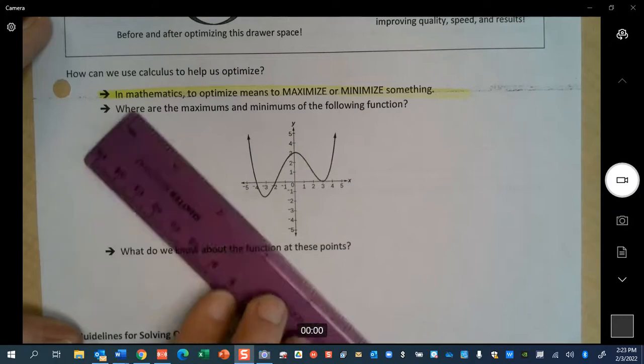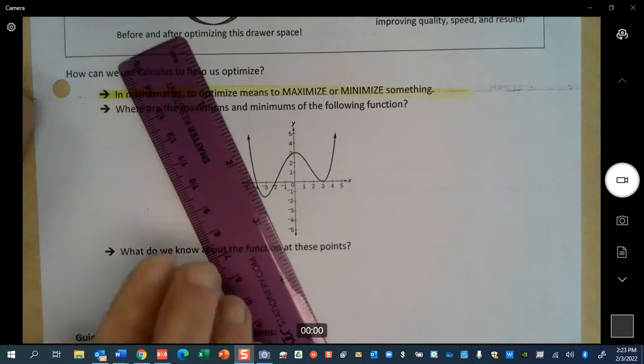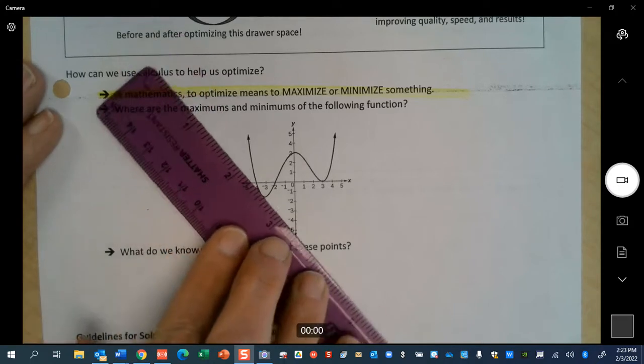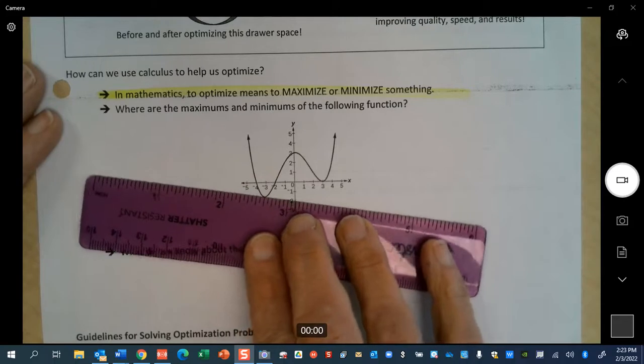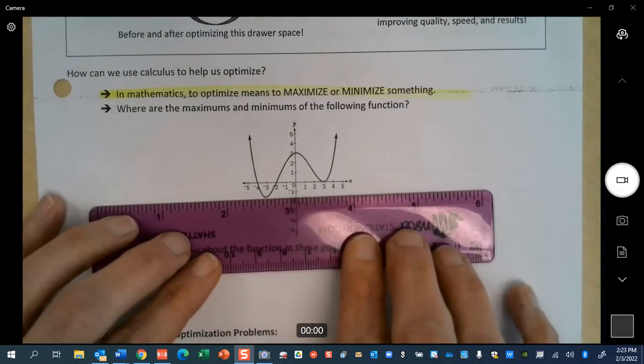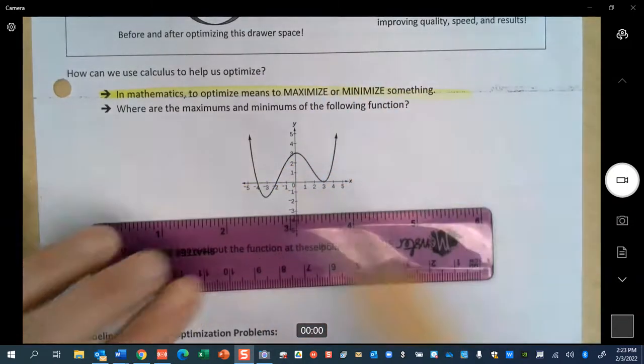All right, so if I have the slope of my tangent line, when I'm talking about a minimum, I know that that's right here. What's true about this tangent line and its slope at the minimum?